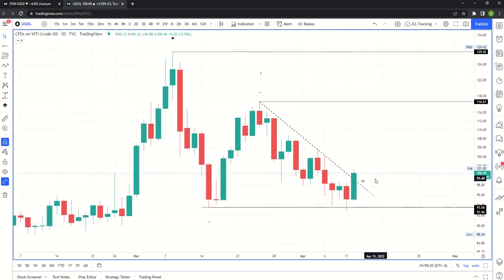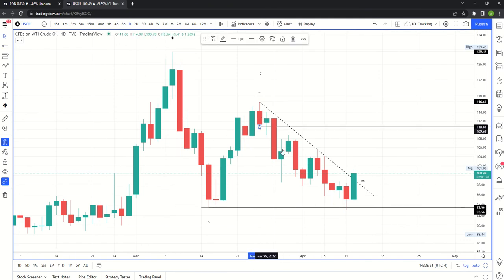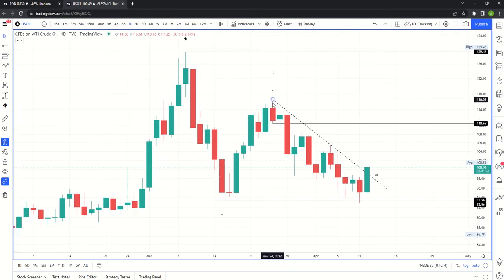And notice, after that high on day 7, we have been declining ever since. This high point formed a swing high, so it's the exact opposite of a swing low. The candle that marked the high was this candle here on day 7, which marked a high of 116.61.